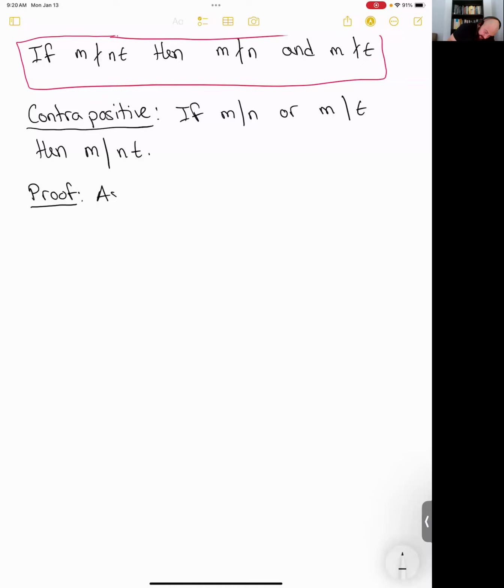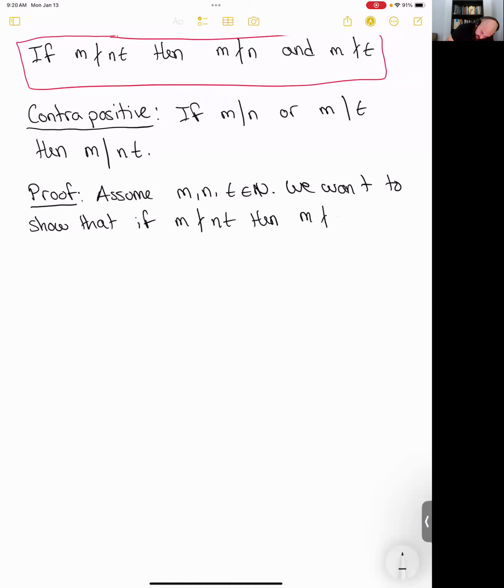So assume m, n, and t are natural numbers. We want to show that if m does not divide n times t, then m does not divide n and m does not divide t.